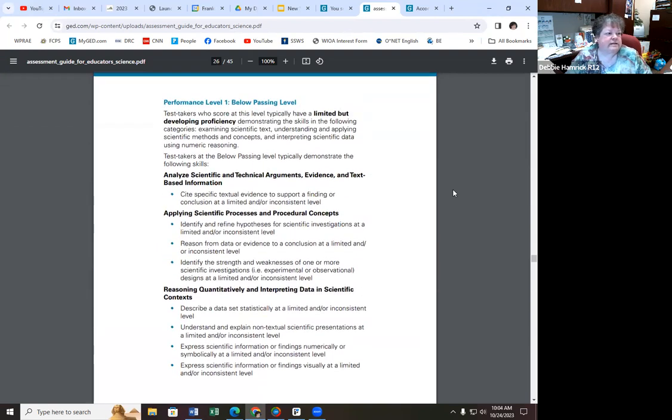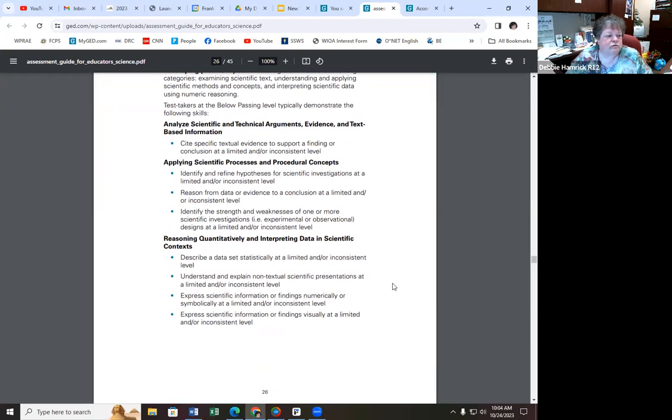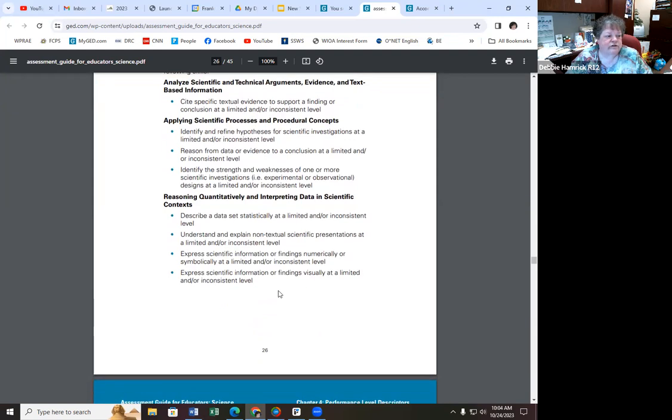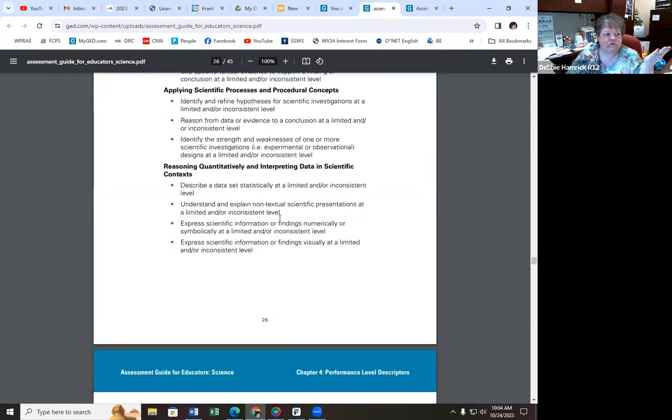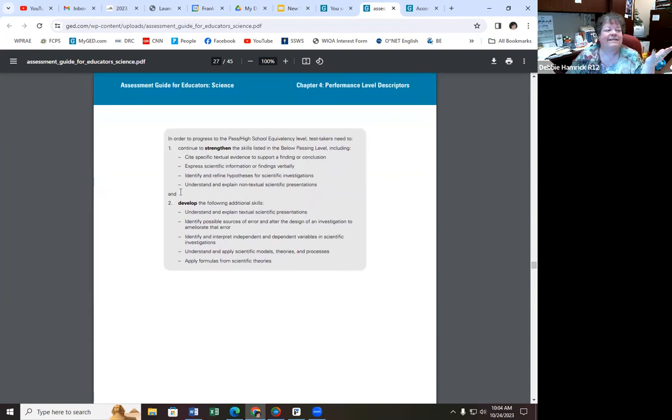Okay, so here is level 1, below passing. They're developing proficiency. They need help with specific textual evidence, identifying and refining hypotheses, understanding and explaining non-textual sets. So all of these things are what they have to do. But if they want to go to the high school equivalency level, they need to do this here, and then this gets them to the next level.